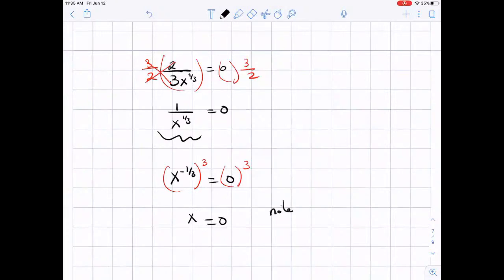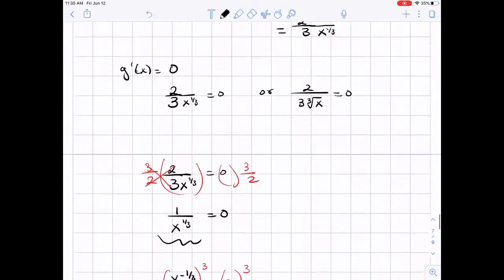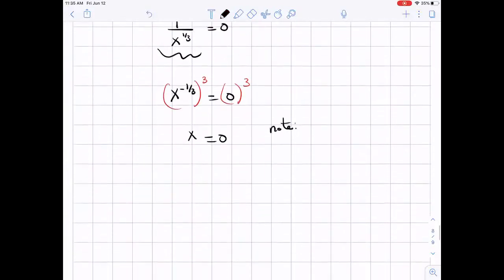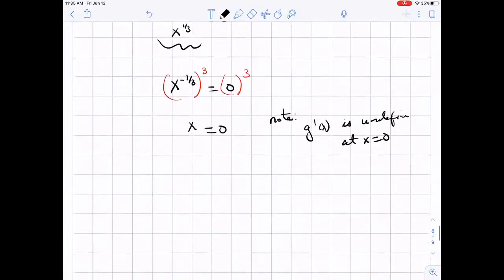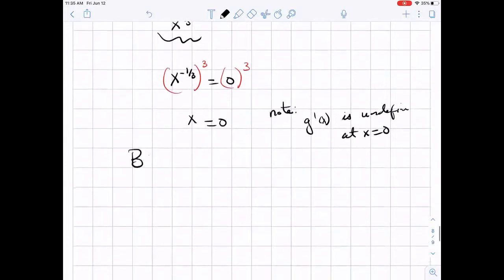Note, right? g prime of x is undefined at x equals 0. So what are we saying here? So the big question is, is x equals 0 a critical number?